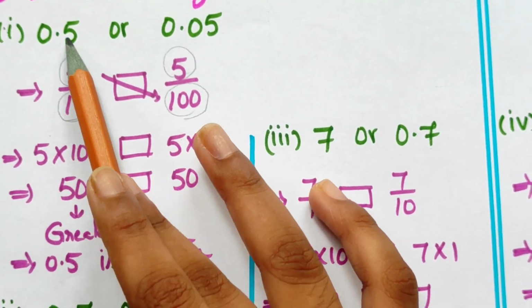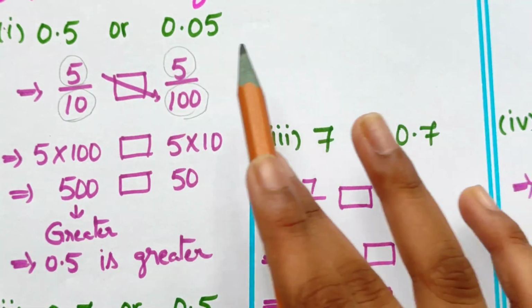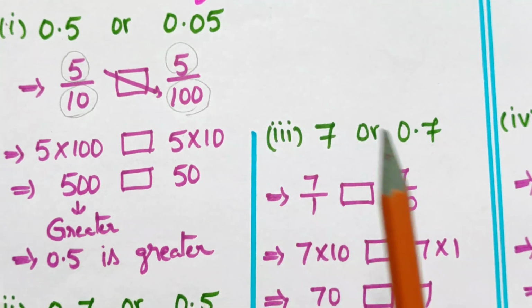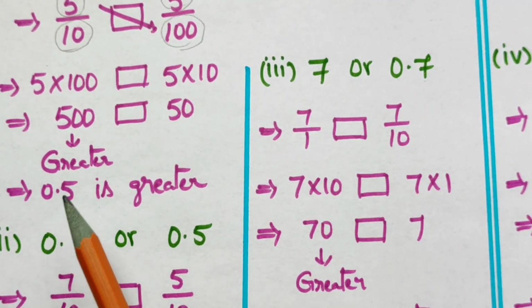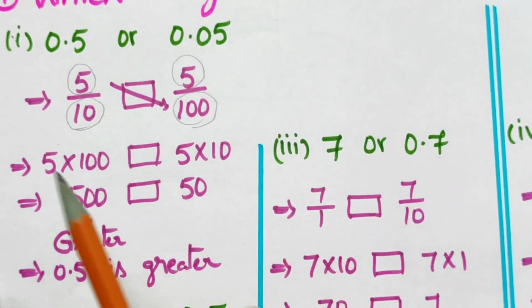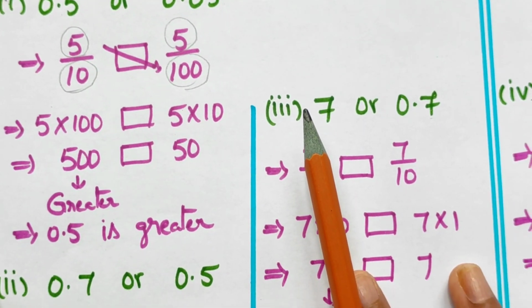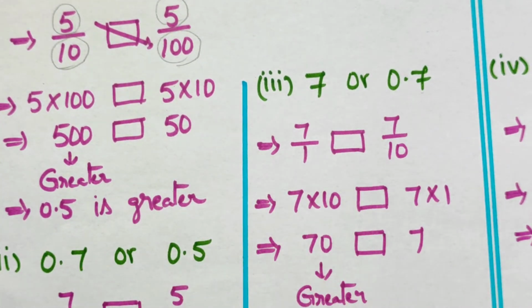Here 500 is 0.5 and 50 is 0.05. That implies 0.5 is greater. Therefore, the answer for the question 0.5 or 0.05, which is greater, is 0.5.